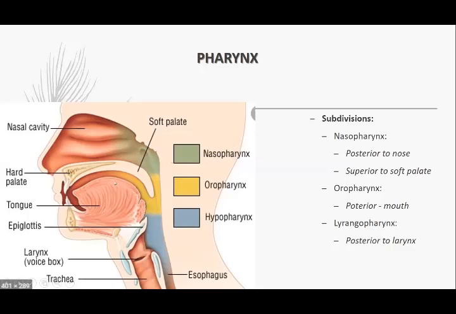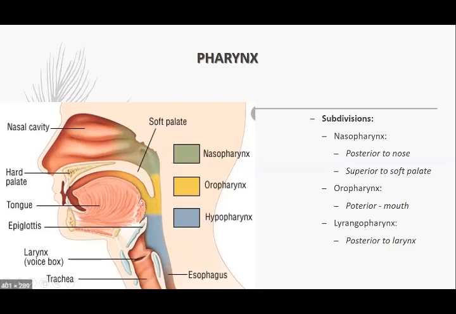Oropharynx: this is the oral cavity, with the tongue lying in it. The oropharynx lies behind the tongue, behind the mouth. This is the posterior opening of the mouth. And now the laryngopharynx: it lies behind the larynx. This is the larynx, here comes the epiglottis, and here the cartilages of the larynx begin. So the nasopharynx lies behind the nose and above the soft palate, the green part.